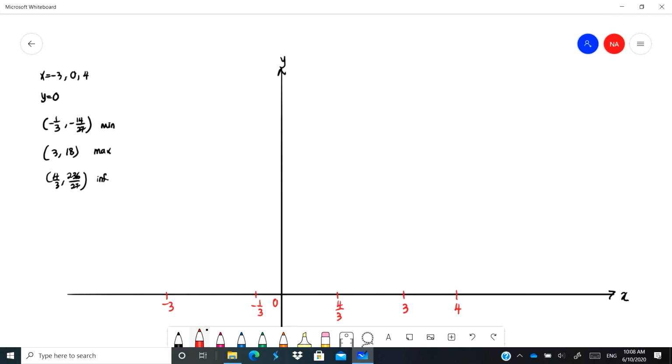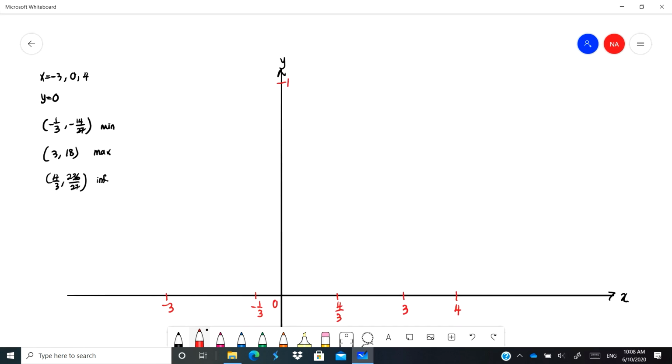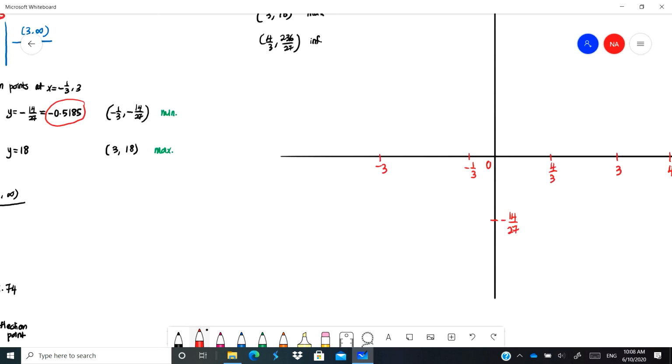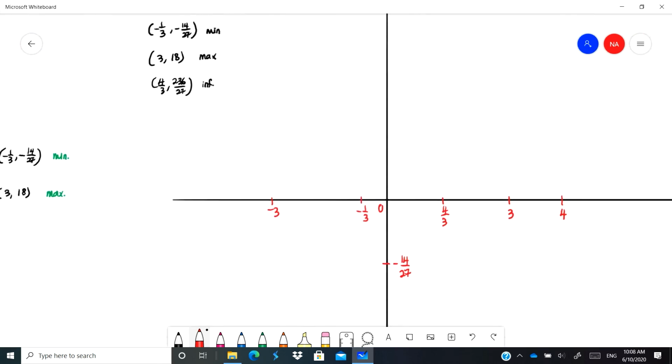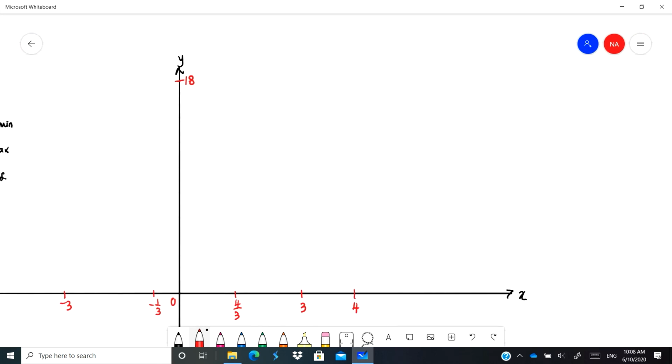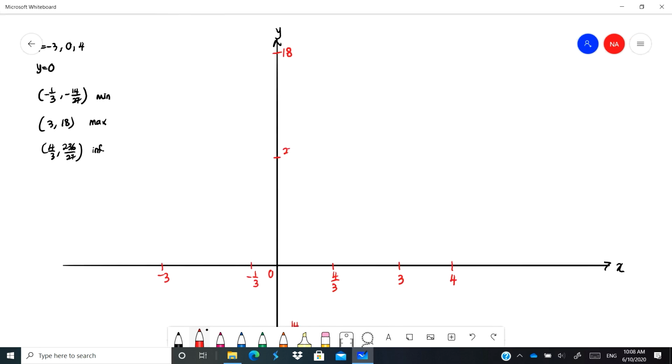Let's say this is the maximum point, and the inflection point is 4/3, 36/27, maybe in the middle, somewhere around there. So we'll have to mark the points first.